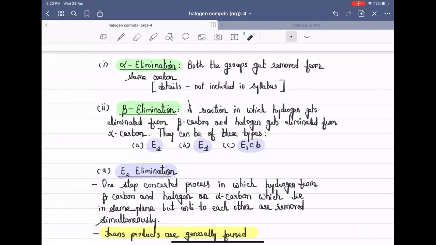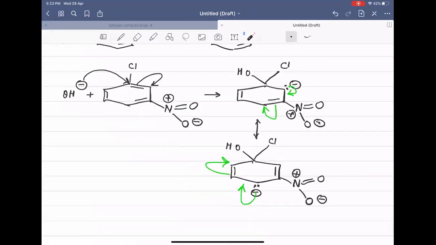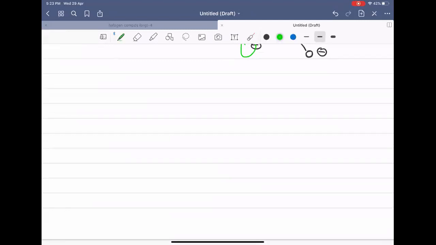We do not have a lot of E1 or even CB included, although I would be giving you information about E1 and even CB again. But more often you'll have to know what E2 is, because that is something which we have in our syllabus, right? Okay. So let us take up this E2 elimination, the initial part.